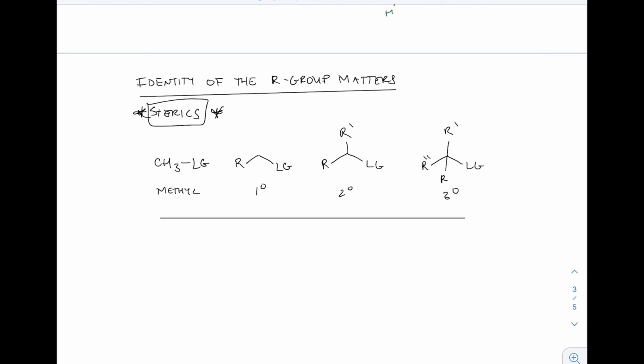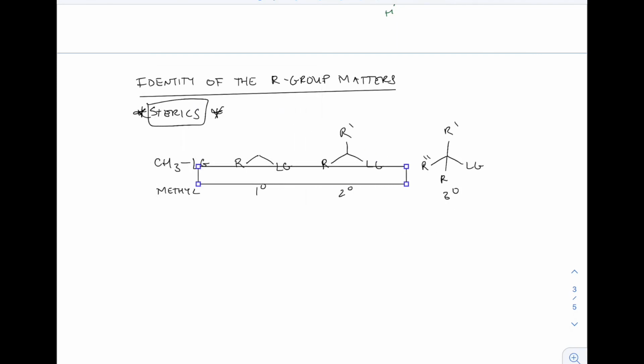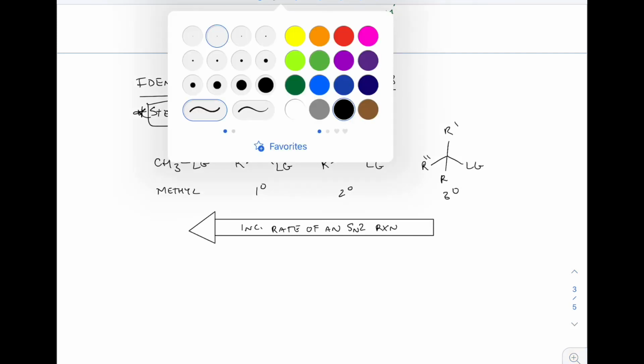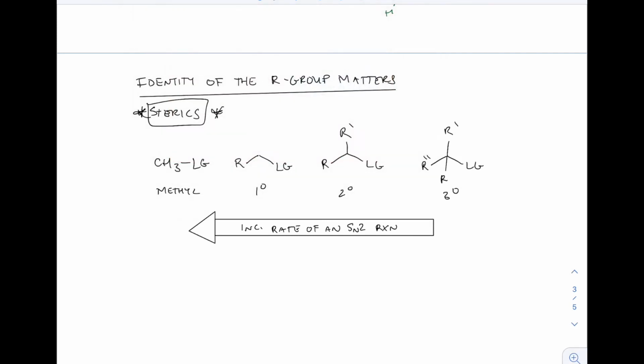So typically we'll see alkyl halides for Sn2 reactions, but we could see other good leaving groups. Sorry, let me just struggle real quick to draw this arrow. What I'm trying to do is draw this arrow from right to left. So as we go from tertiary to primary or methyl, we have an increased rate of an Sn2 reaction, okay? And this is strictly because of steric hindrance, okay?